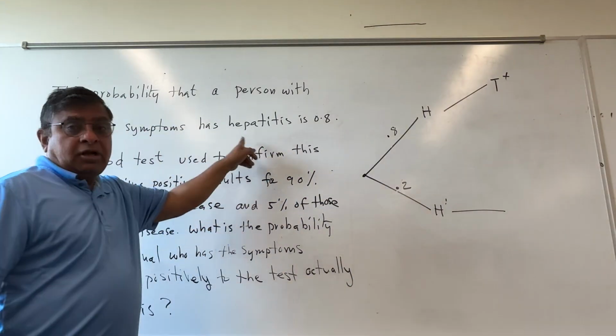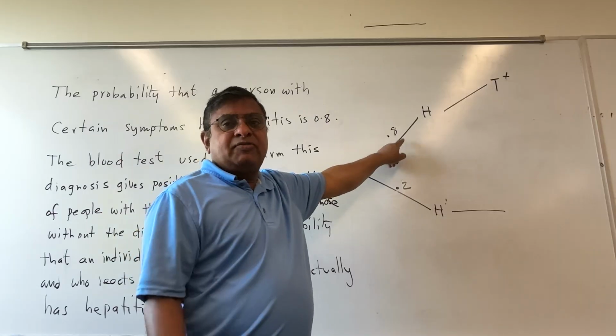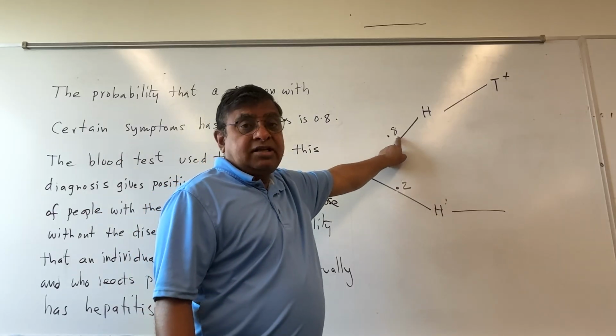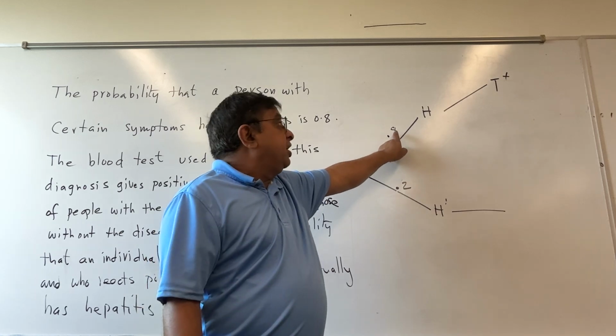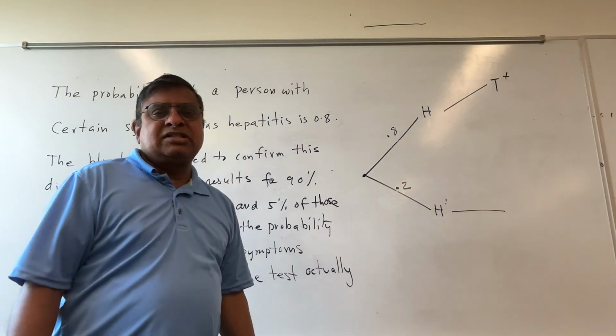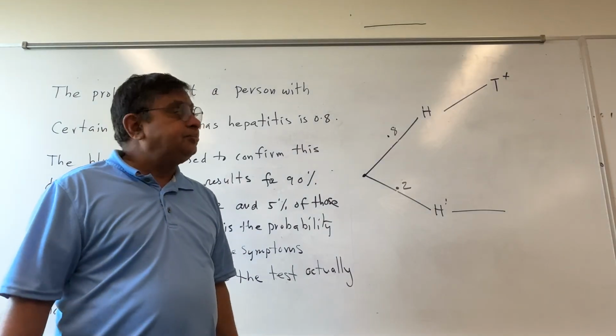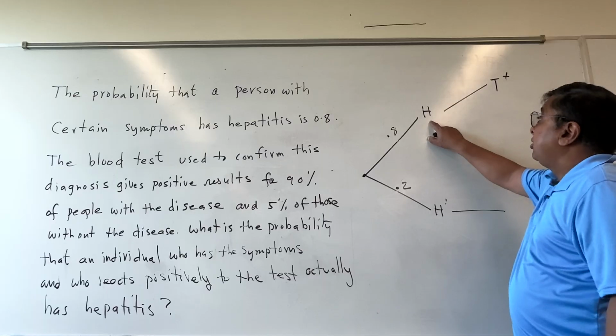And if you read the problem, it says 80% of the people with those symptoms will have hepatitis. So the chances are, if you have all those symptoms that appear in you, 80% chances you have hepatitis, 20% chance it's a false alarm, you really don't have it. And you do the test to confirm it.